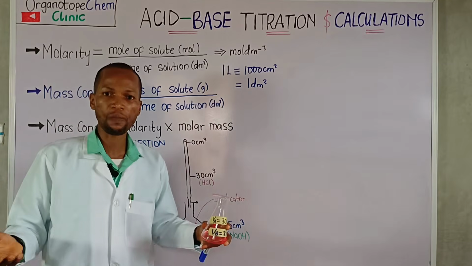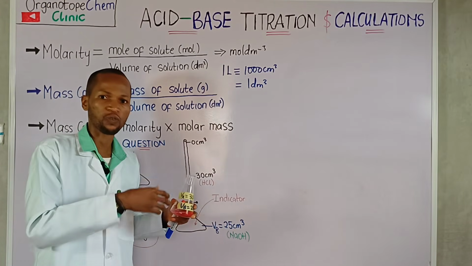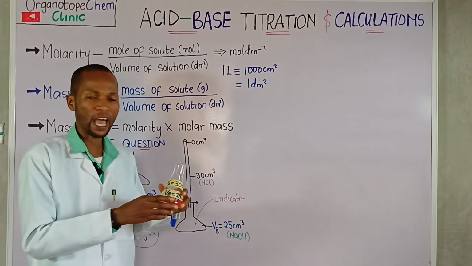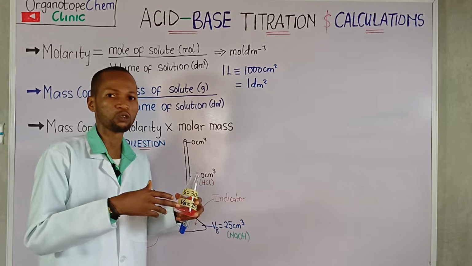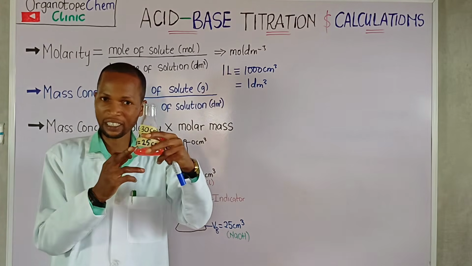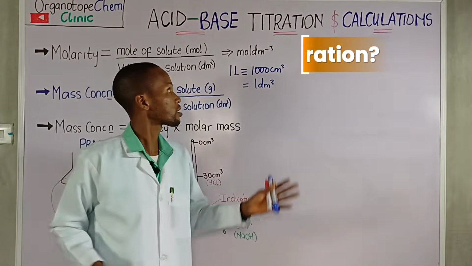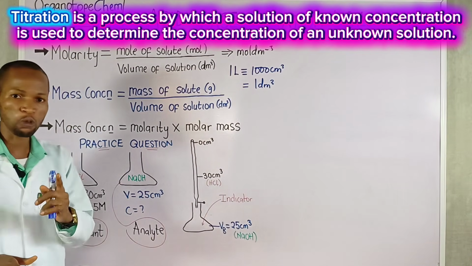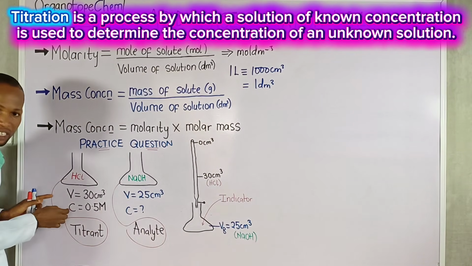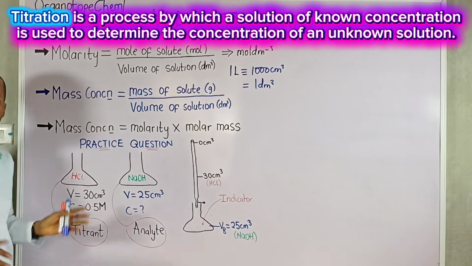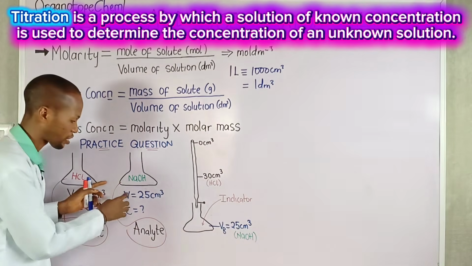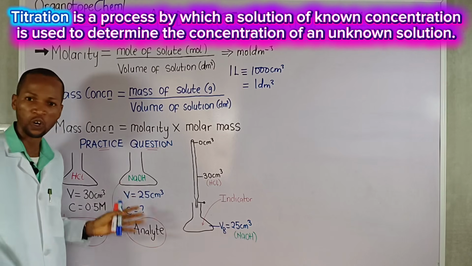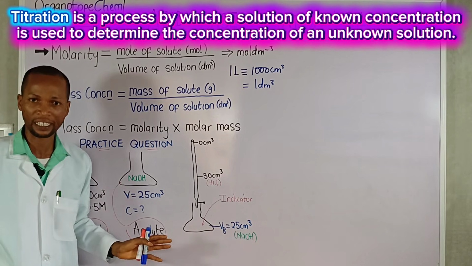But in an instance whereby methyl orange is used, we have the color change from yellow to orange, as we can see right here. So what is titration? Titration is the process by which a solution of known concentration, which is the titrant, is used to determine the concentration of the unknown solution, which is our analyte.